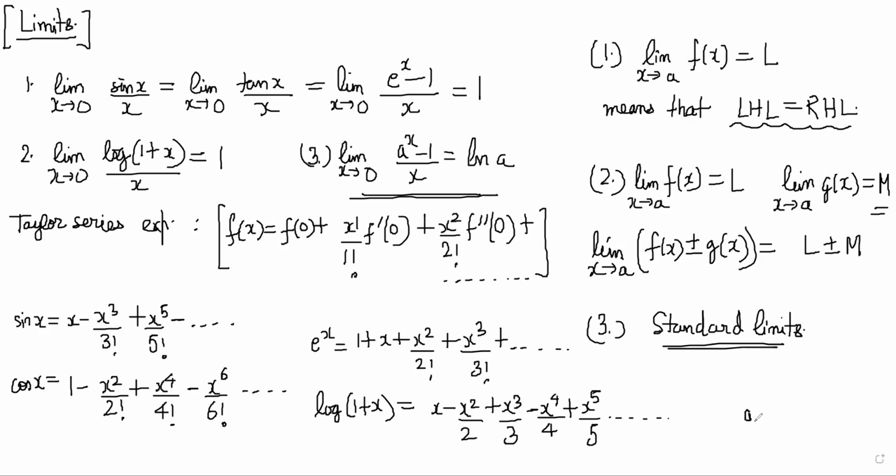So instead of x, you have x ln a, so you should put ln a here. Then it looks like the same thing: e power something minus 1 by that something. That part becomes 1 and ln a is left, right? Everyone understands what I'm saying, no? So this is also important.